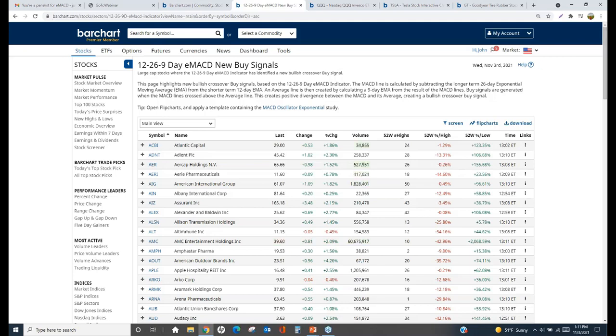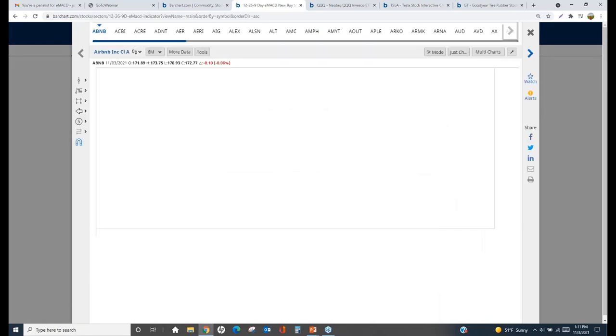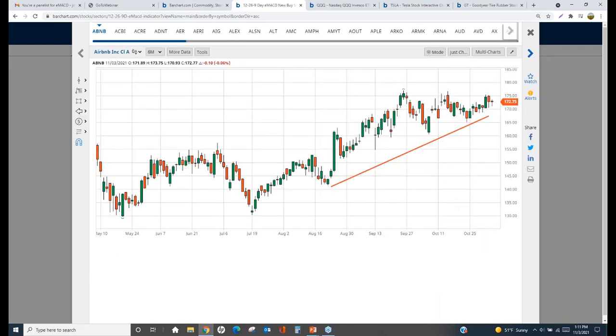Now, right here it says tip, and it says open flip charts and create a template using the MACD oscillator. So let's do that first. I'm going to go to flip charts, and I want to create a MACD indicator.